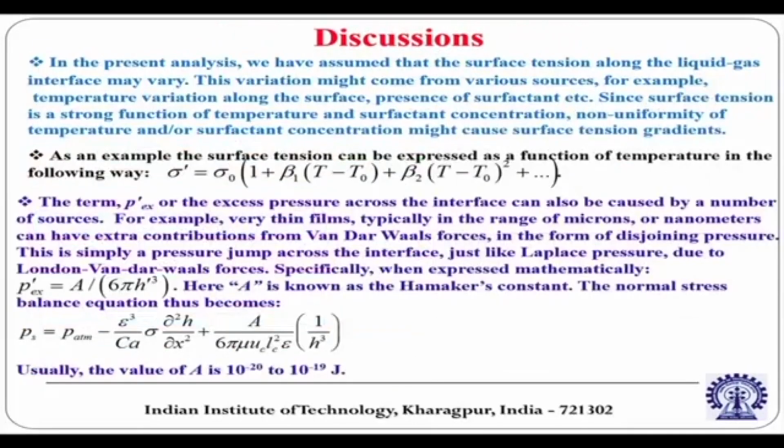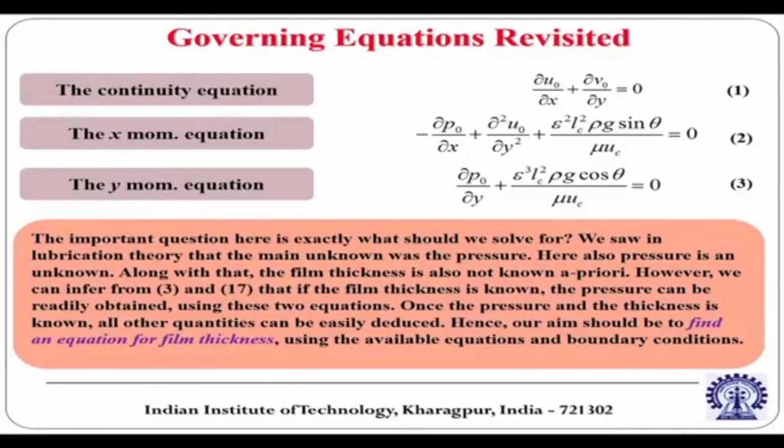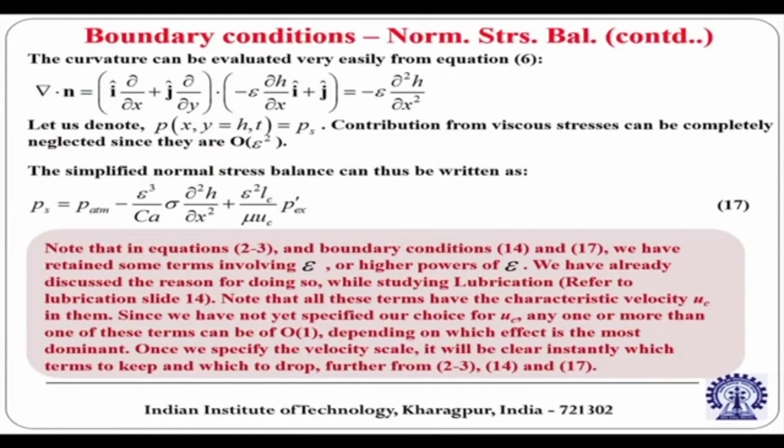So if you get back to that equation, see in this equation, equation number 17 in the slide, you see that Ps minus P atmosphere is designed to be between 0 to 1. So sigma del square H del x square is also designed to be between 0 to 1.